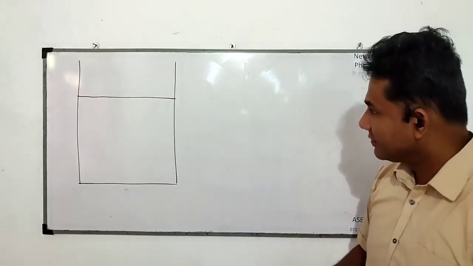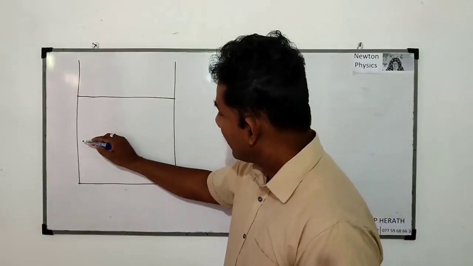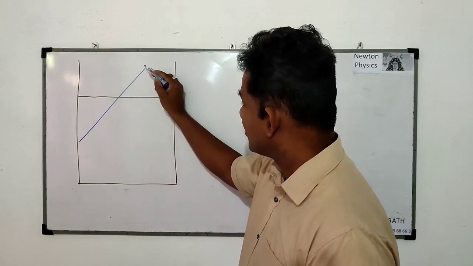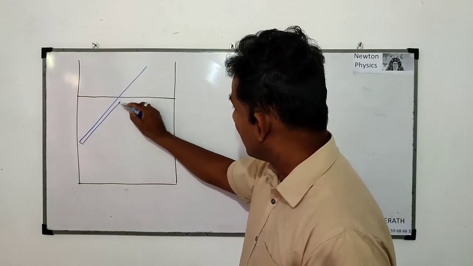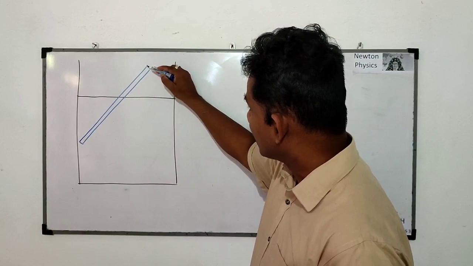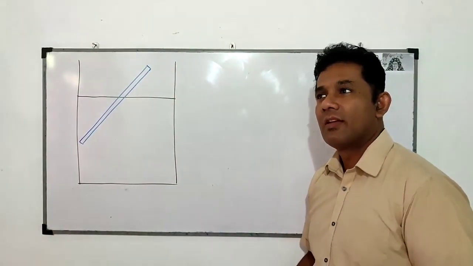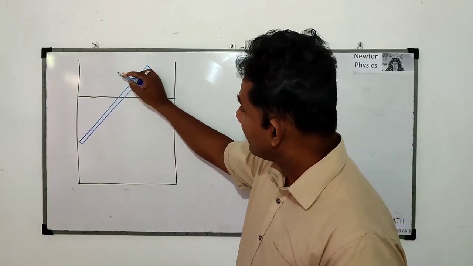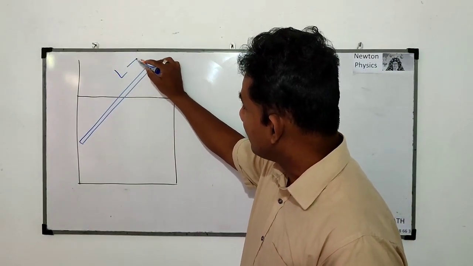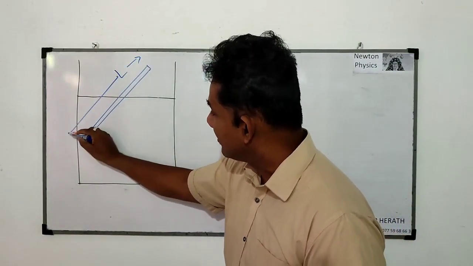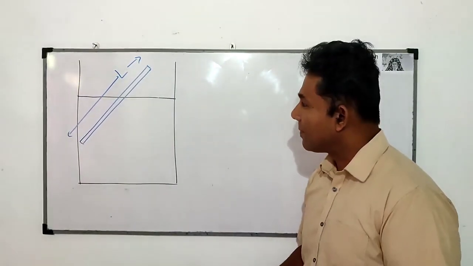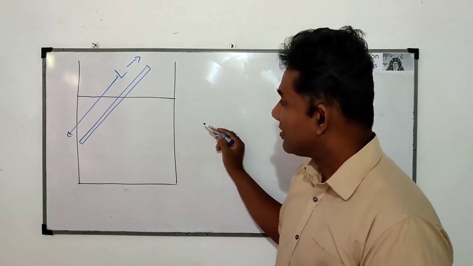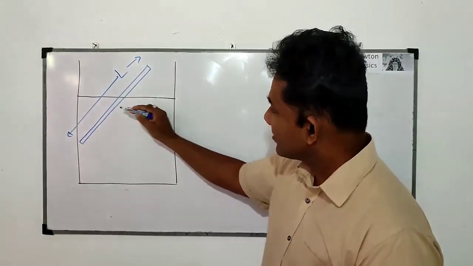Here, one end of the rod is touching the vertical wall of the container, and think that I am taking the total length of this rod as capital L, and also I am taking the length of the part in water as small l.